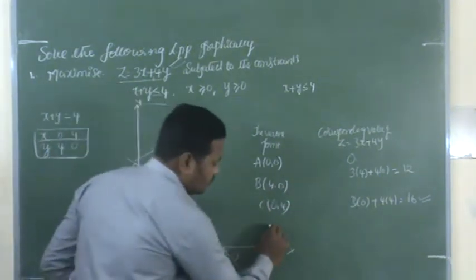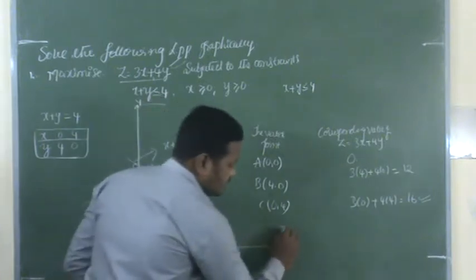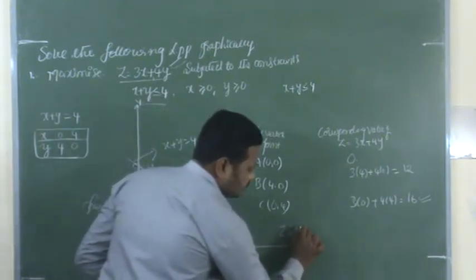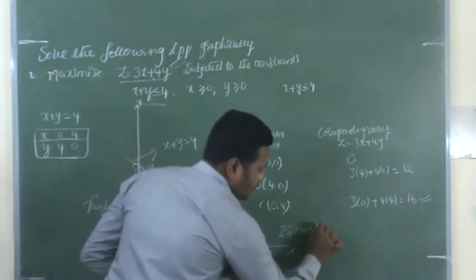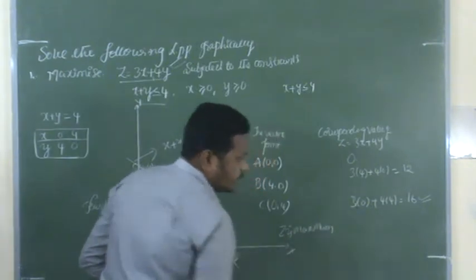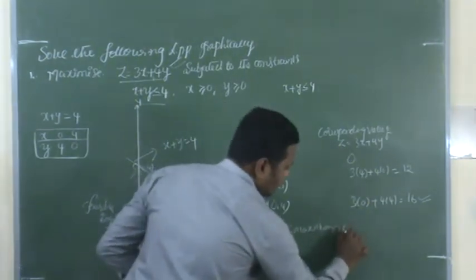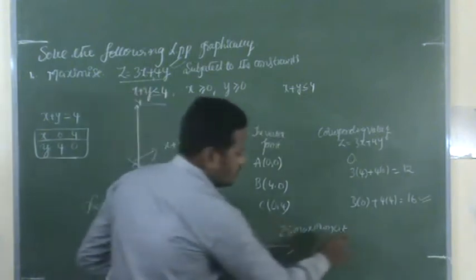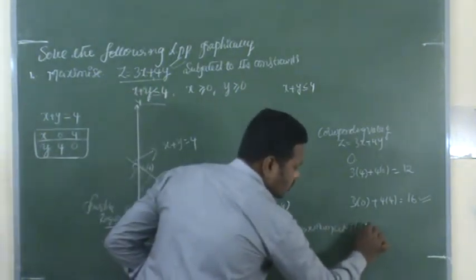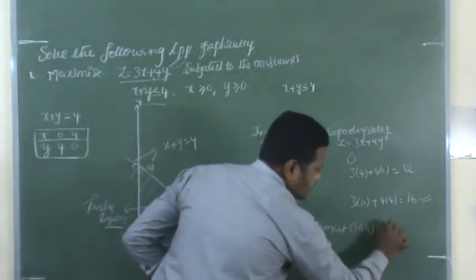Therefore, Z is maximum at the point C of (0, 4), and the maximum value of Z is 16.